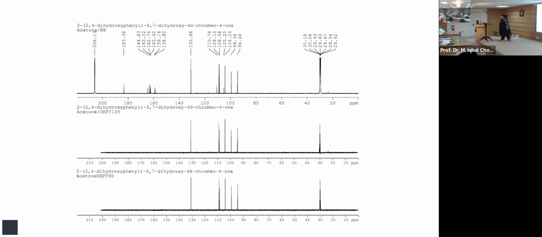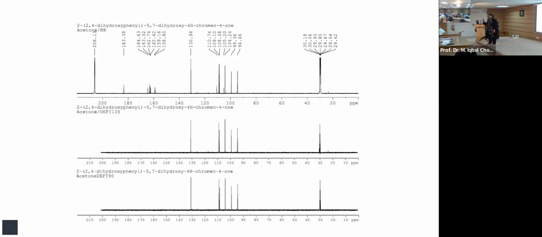All right, any other question? Yeah. The question is about the difference between DEPT and the attached proton test. The attached proton test was the first generation, earlier.